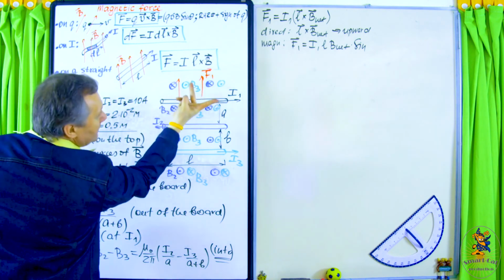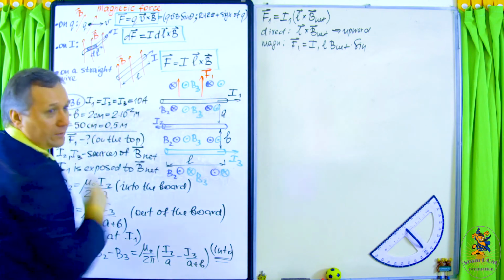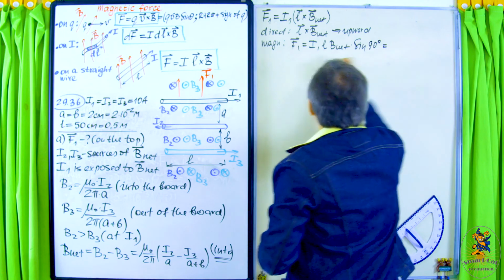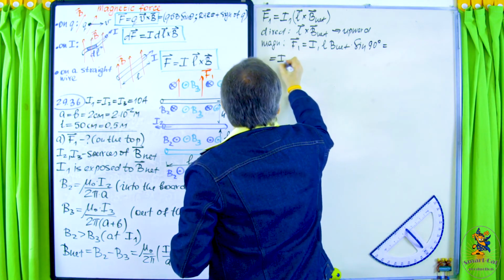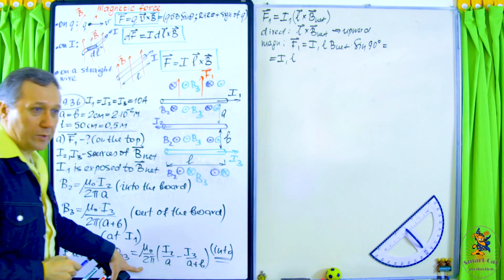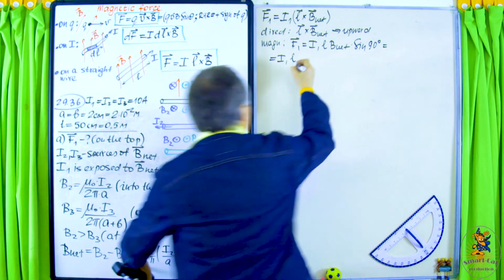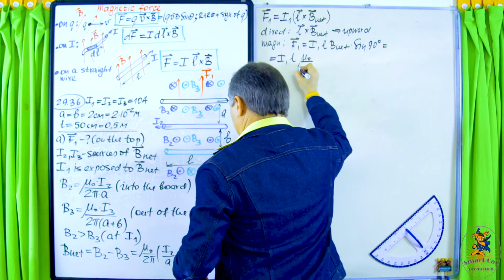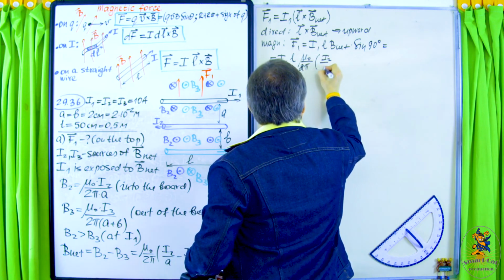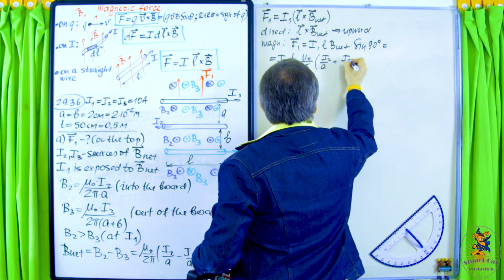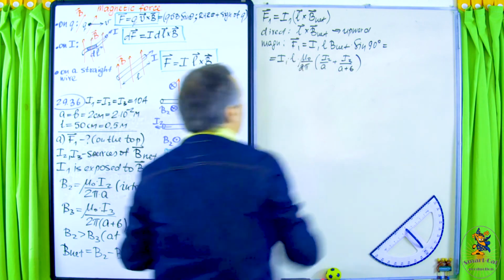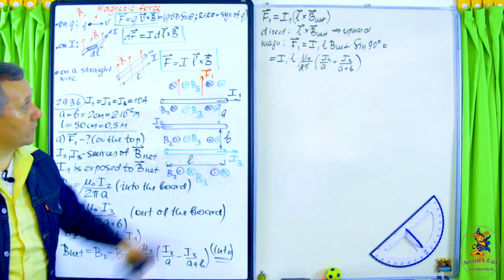It's 90 degrees, sine of 90 degrees. So that's the answer: I1 L, and instead of B net, I will just write the formula which we derived. Mu naught over 2 pi times I2 divided by A minus I3 divided by A plus B. So that's the answer, and direction is upward.